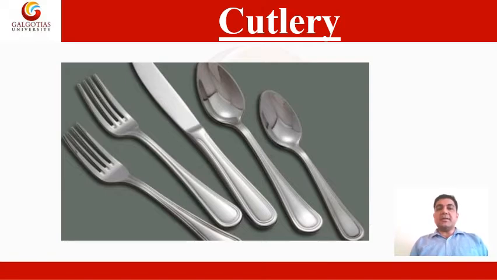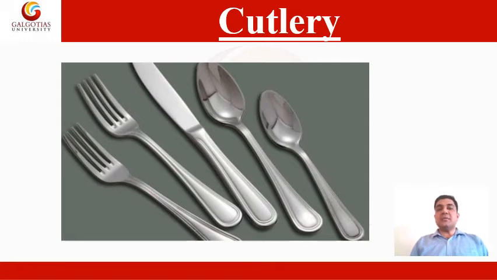Students, cutlery can be defined as any food and beverage equipment which is used for eating and serving purpose, and is made up of unbreakable metal such as steel, copper, etc. Examples are forks, knives and spoons.